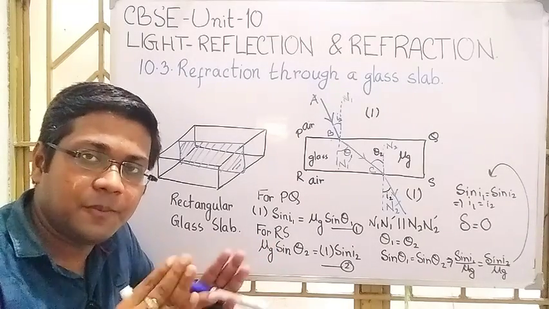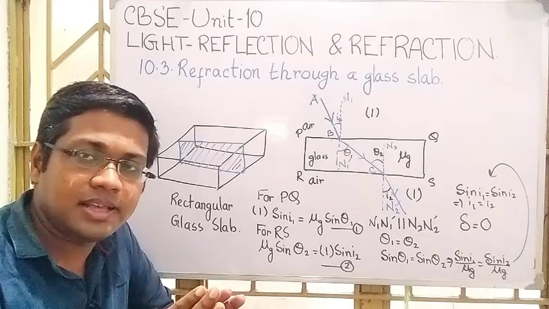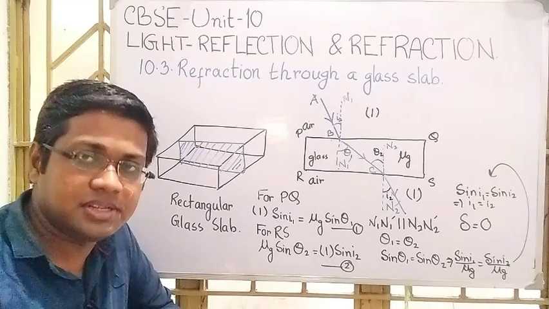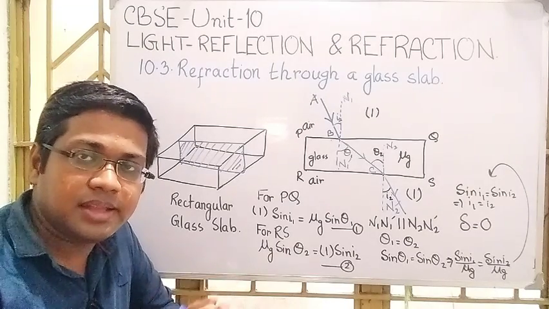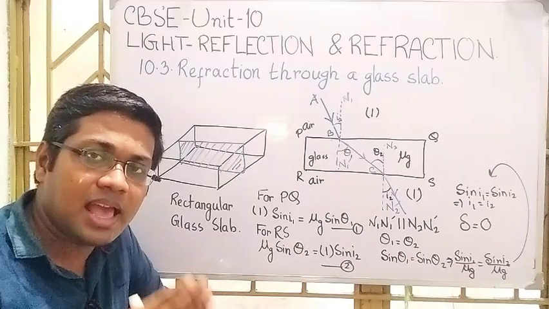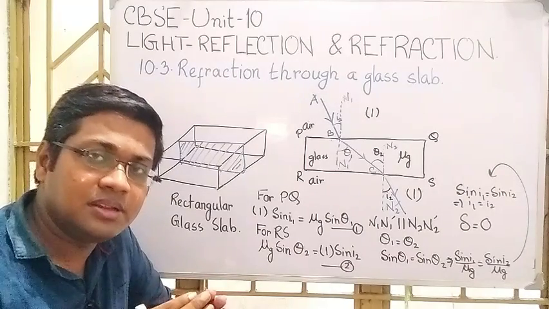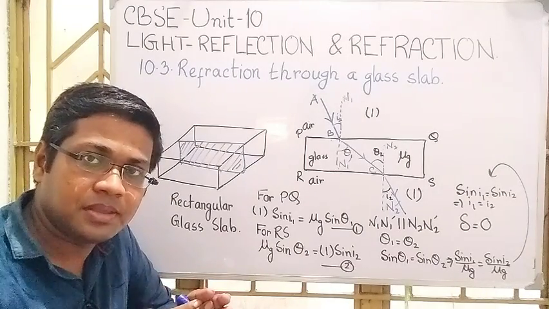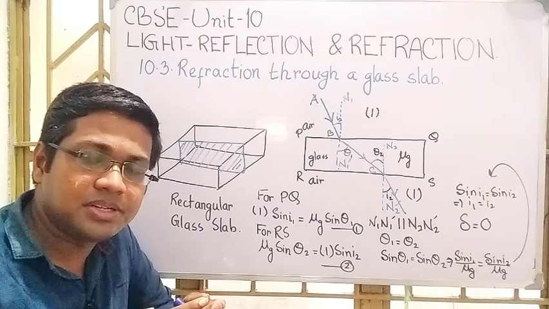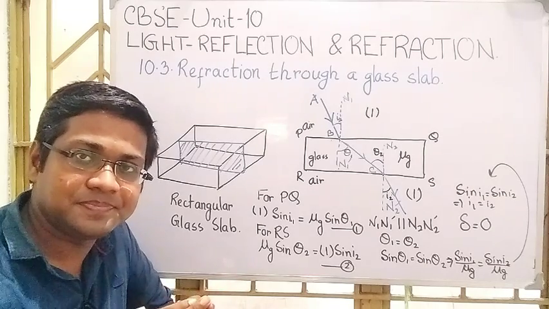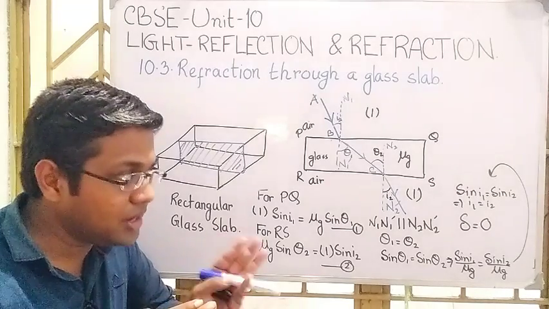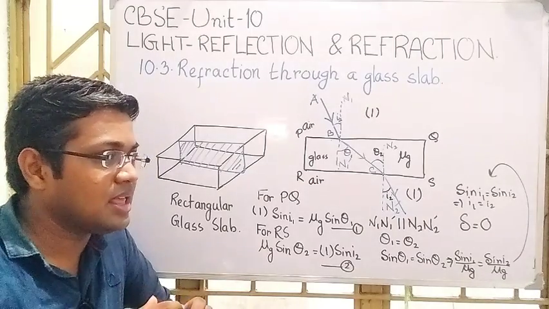Wherever we obtain two refracting surfaces parallel to each other, the angle of incidence and the angle of emergence are equal, and the angle of deviation is 0. So this is a very important conclusion.